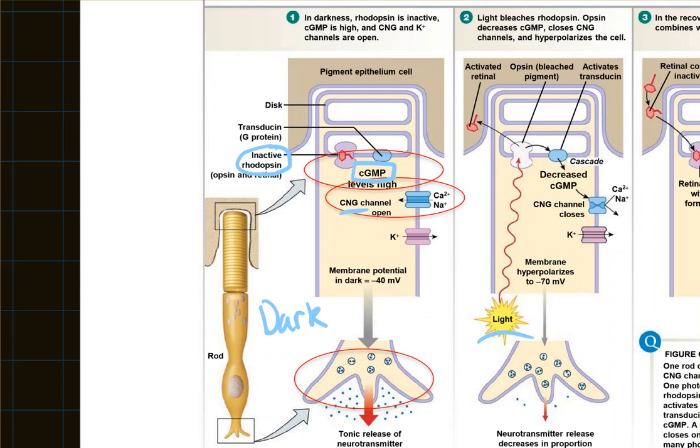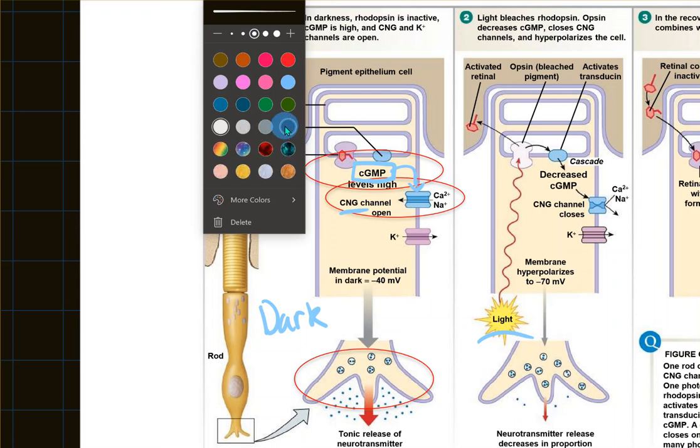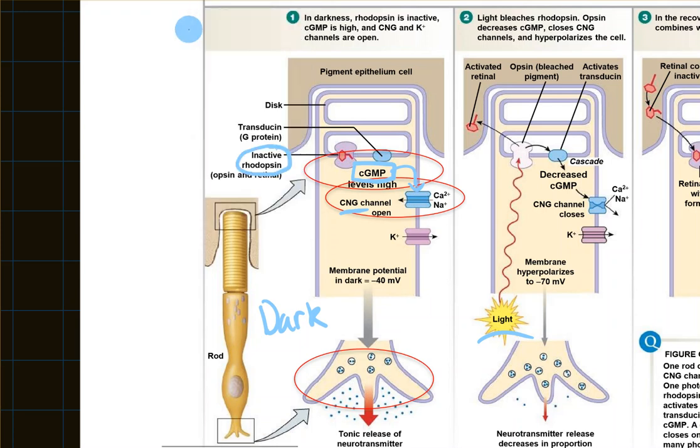So if cyclic GMP is present, it will open this channel. I wanted to switch to black just to make things a little bit more clear. So if cyclic GMP is present, it will open the cyclic nucleotide gated channel.